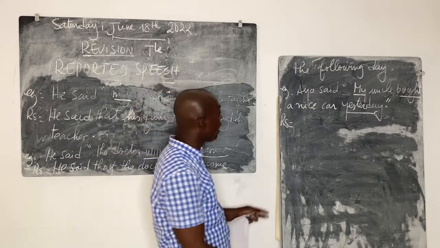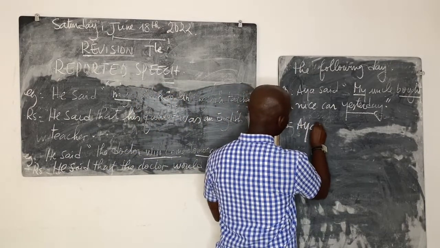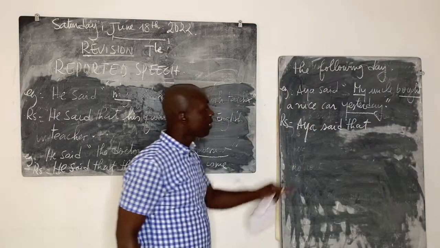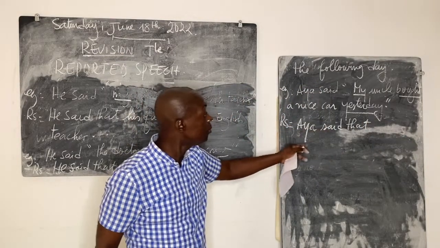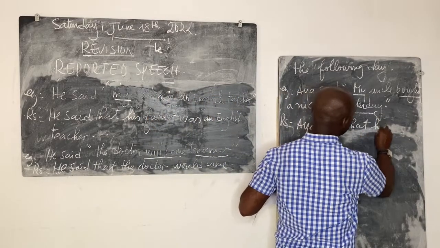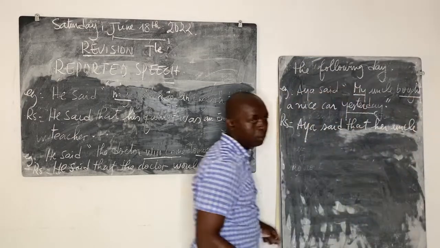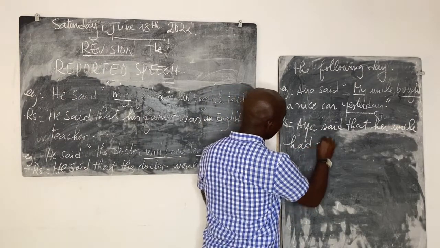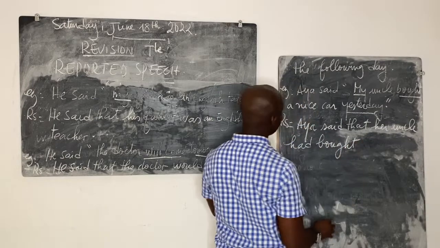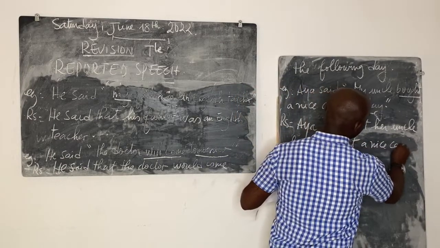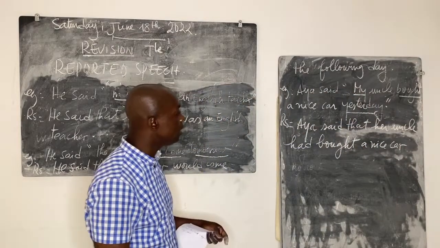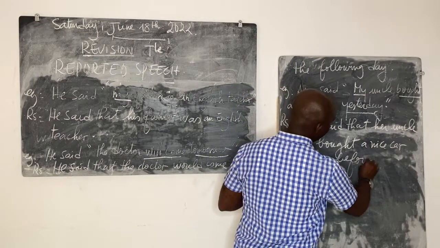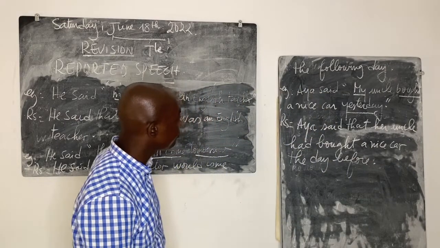So in the reported speech: I said that her uncle, the my becomes her, the preterite becomes the past perfect, had bought a nice car, and the adverb yesterday becomes the day before. That is it.